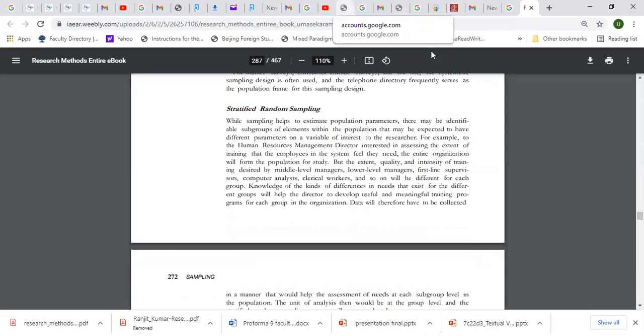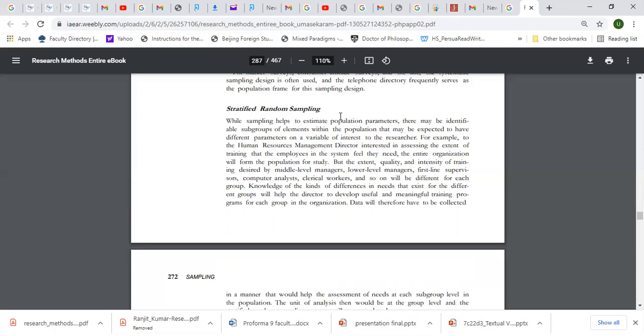So in stratified random sampling, as we already know, the sample helps to estimate population parameters, and there may be identifiable subgroups of the element. Let me give you an example: someone is conducting a study in a university. We already know that there are groups in the university.